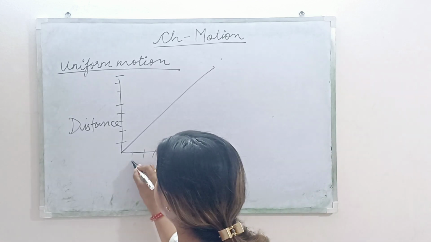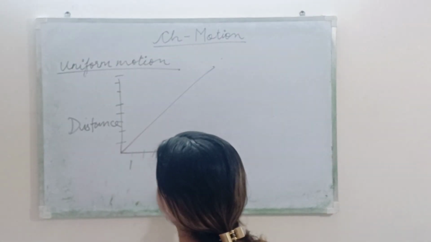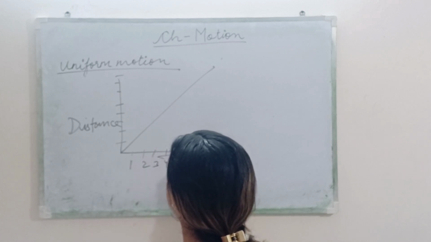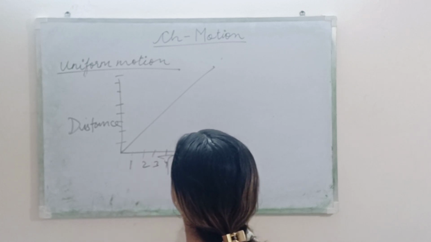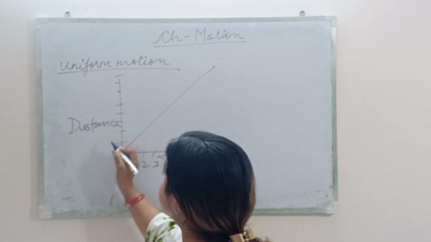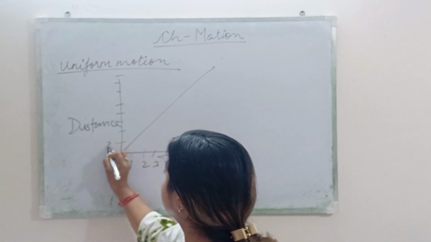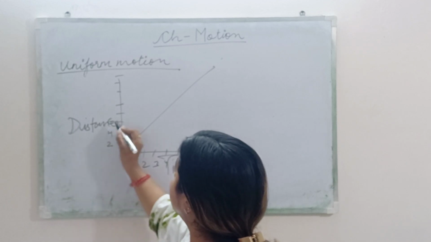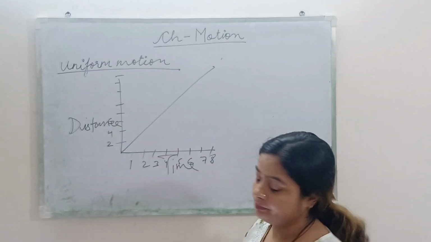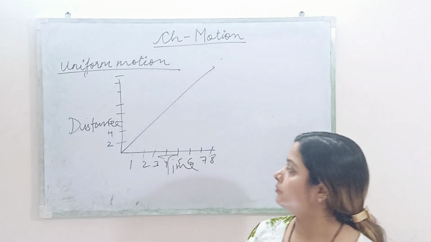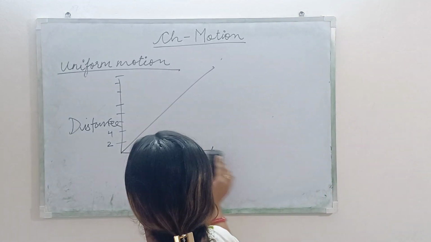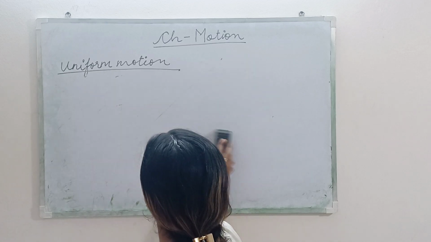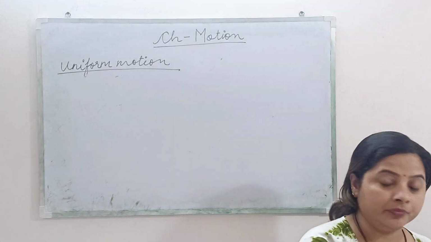Suppose this is time axis: 1 second, 2 second, 3 second, 4 second, 5 second, 6 second, 7 second, 8 second. And here the body is covering 2, 4, 6 meter. Wait, children, I will tell you how it is forming a straight line. Okay.